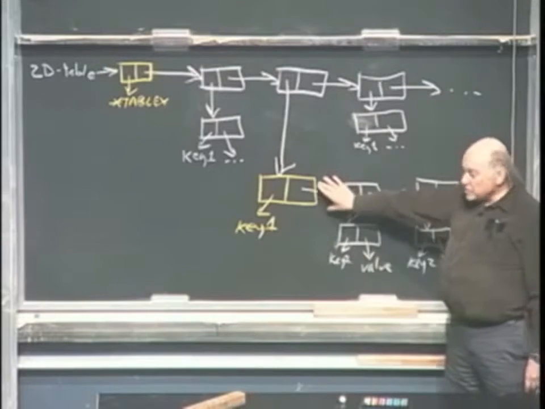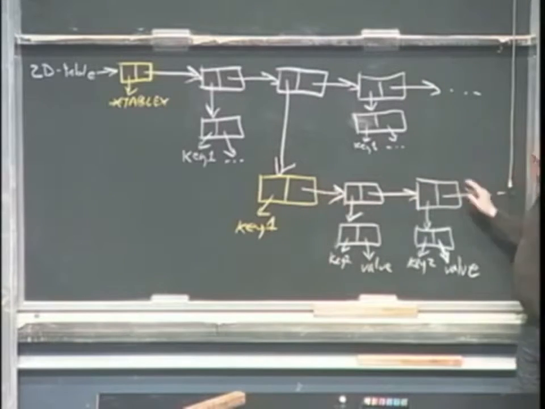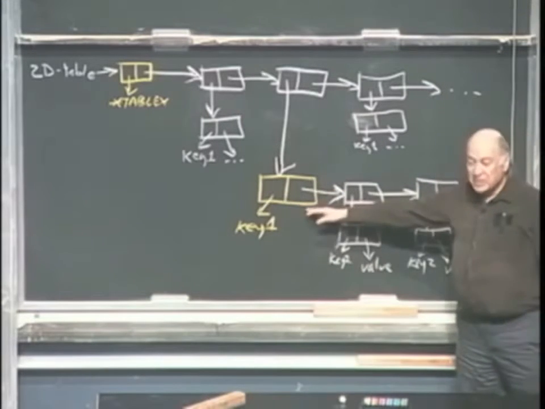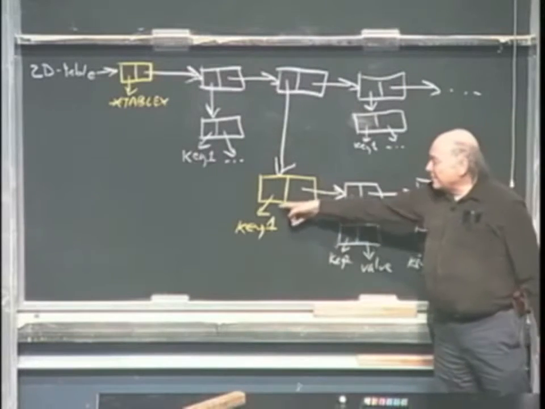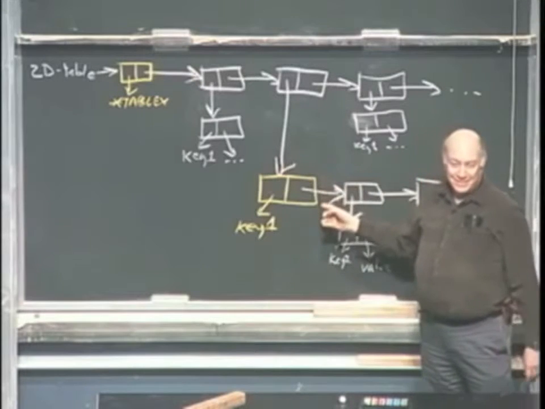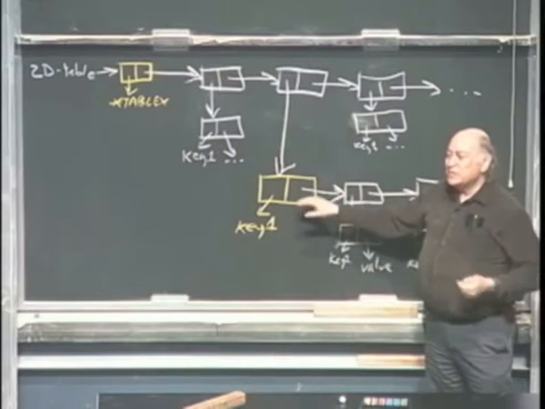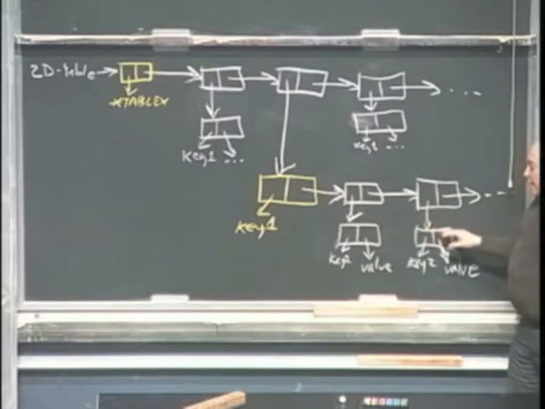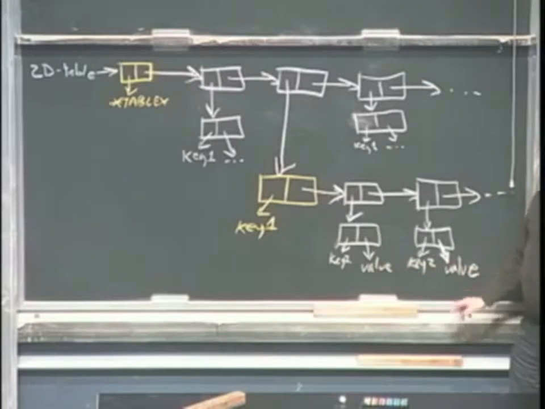And the answer is this yellow pair is the sentinel node for the table that includes it along with an association list. Okay? So it's not really a key value pair. The value is the pair, right? Because this pair is the sentinel node for the second table that has key 2 value, right?